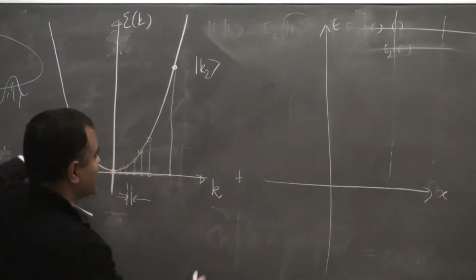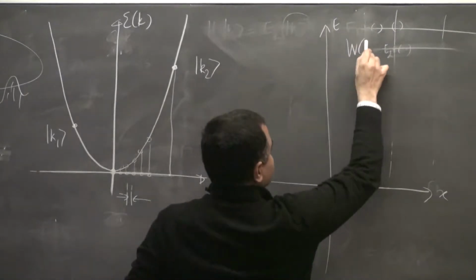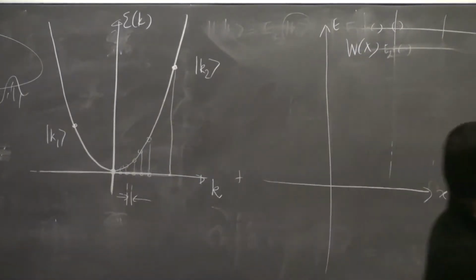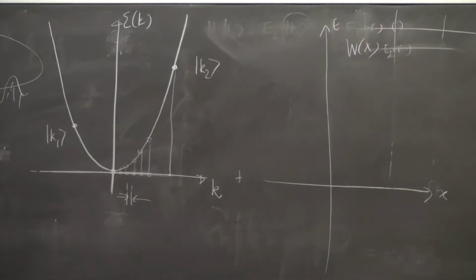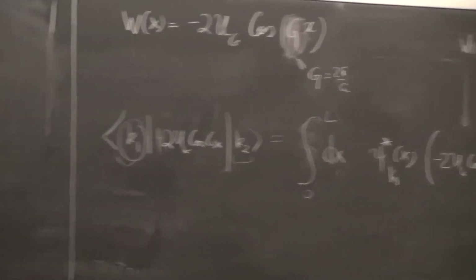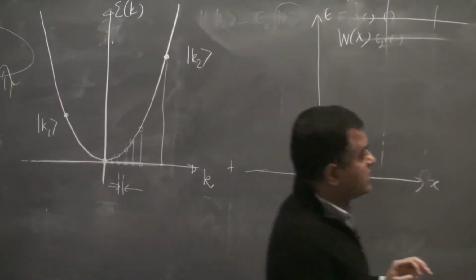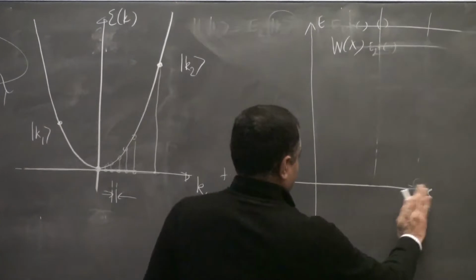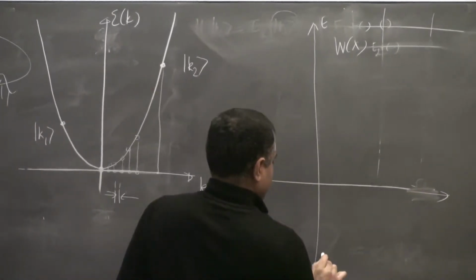So this potential, W of x, is just a pure cosine potential. At x equal to 0, it reaches a large negative value, minus 2 Ug. At x equal to 0, cosine is 1, so it reaches minus 2 Ug, and then after that it oscillates.